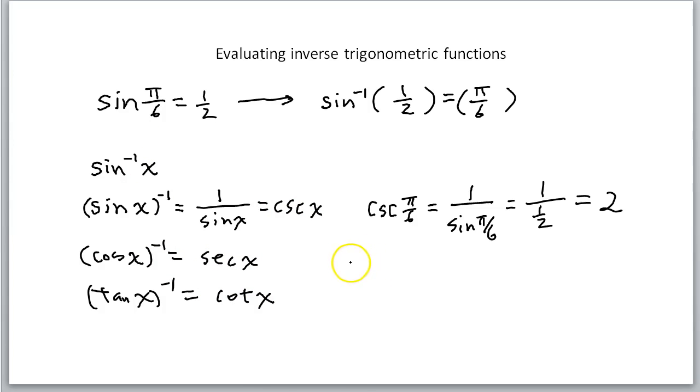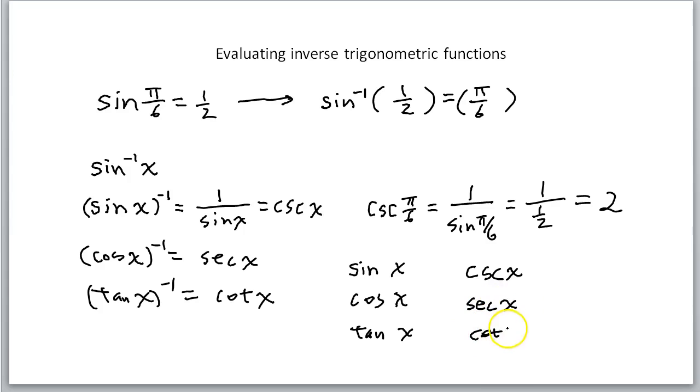So, you know, the 6 trig functions: sine, cosine, tangent, cosecant, which is the reciprocal of sine, the reciprocal of cosine is secant, the reciprocal of tangent is cotangent. All these have inverse functions. Their function inverses all exist.